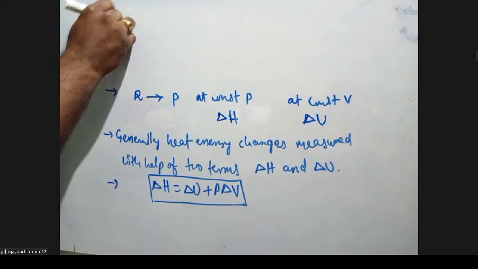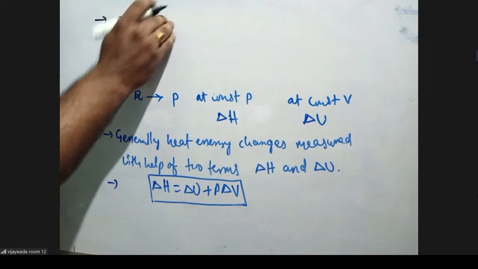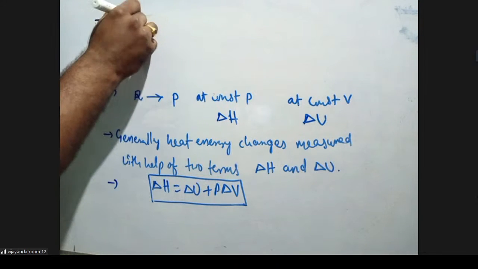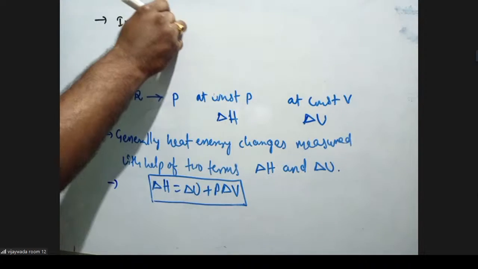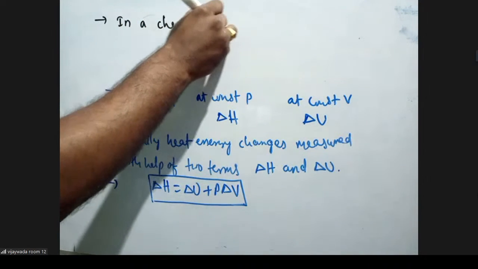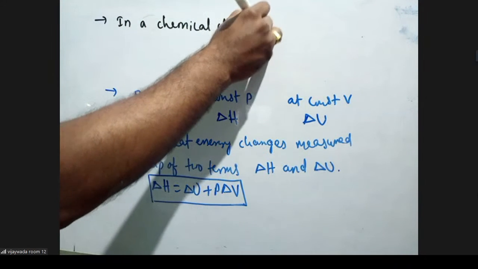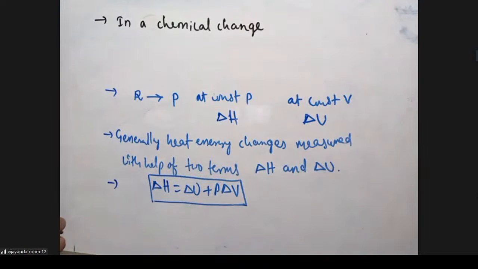In a chemical reaction or in a chemical change, suppose solids converted into liquids, liquid converted into solids, solids converted into solids. Sometimes possible is the graphite converted into diamond.